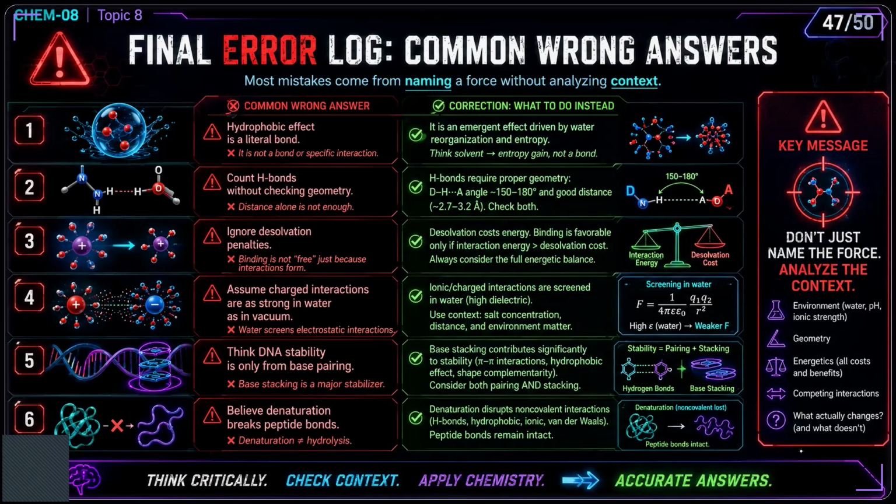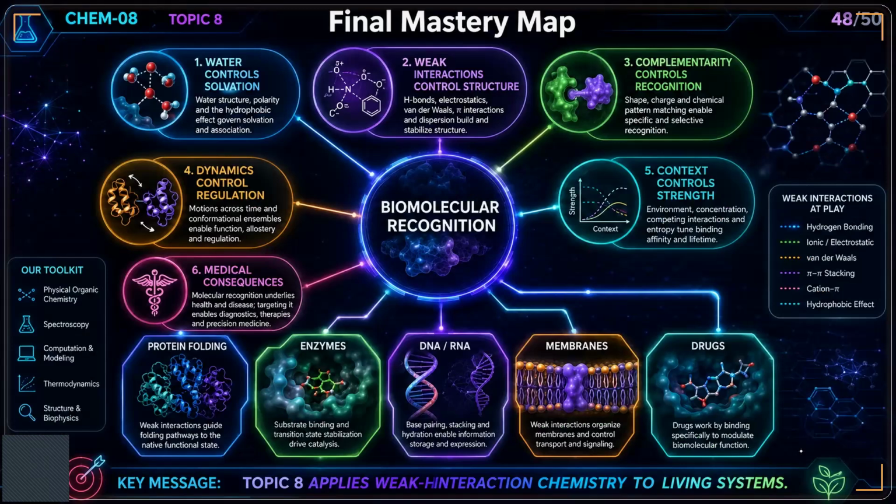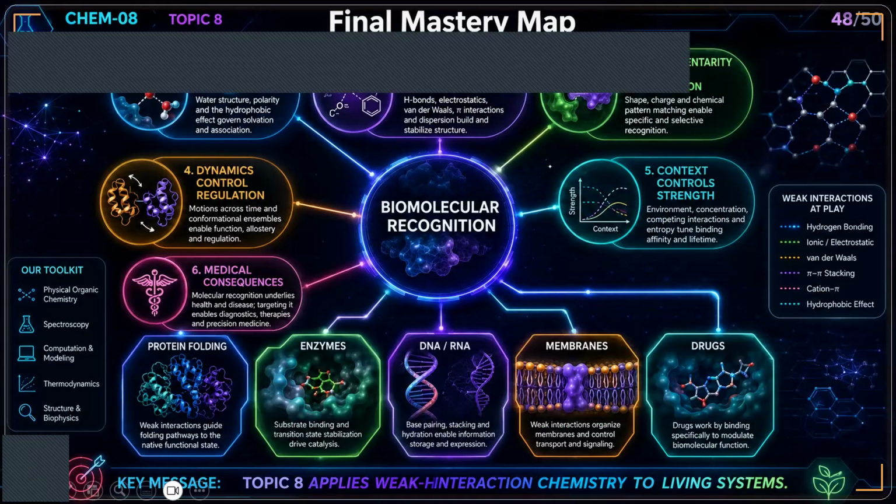Base stacking contributes significantly, and these are pi-pi interactions for the delocalized pi electron systems of the benzene-like structures. And denaturation obviously disrupts non-covalent interactions likewise. That's the bottom line. And yeah, that's what I wanted to show you today. Hopefully, it was understandable.